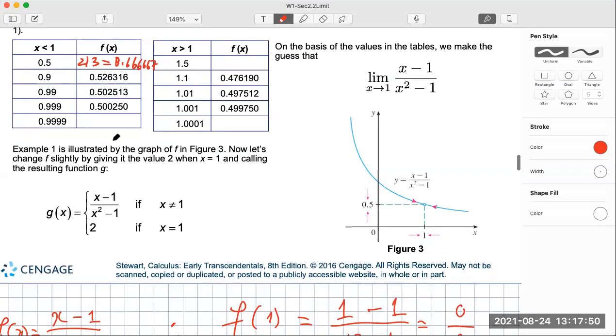But we see that here in the graph, the value at 0.9999 will be 0.500025. If x comes closer and closer to 1 from the left-hand side, then f of x will come closer and closer to 0.5 from where?